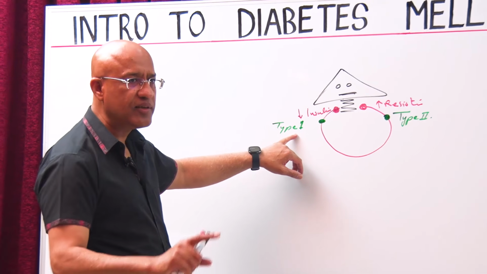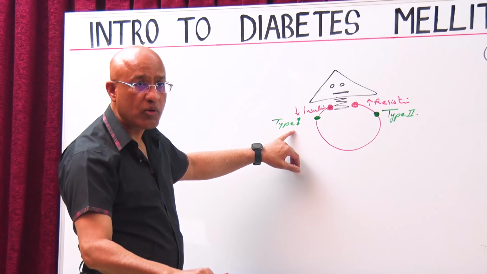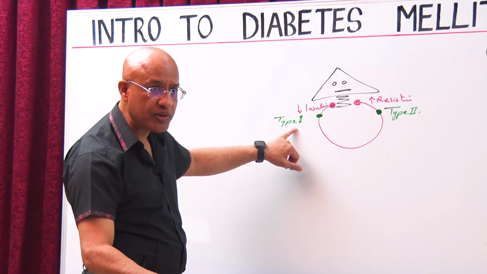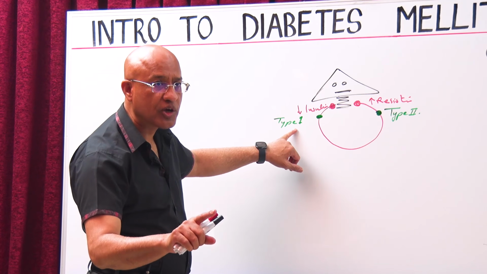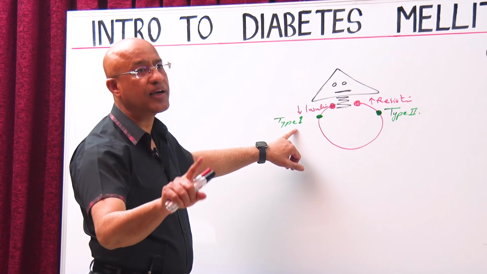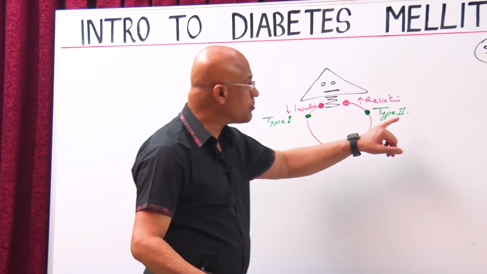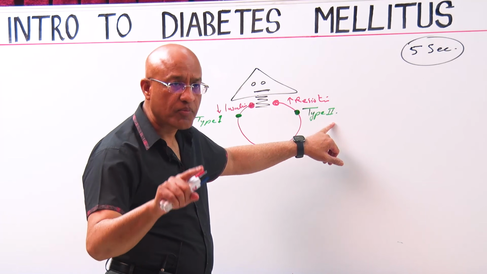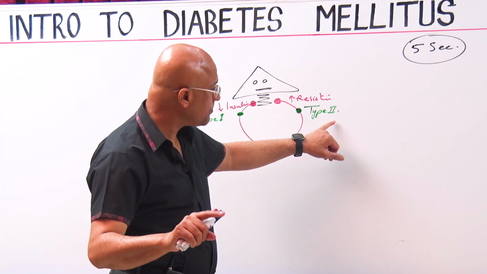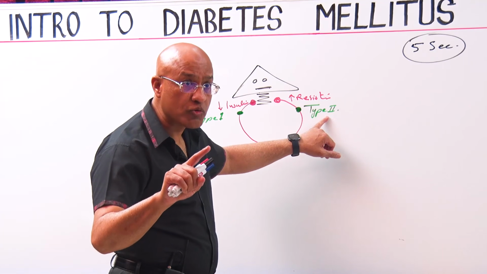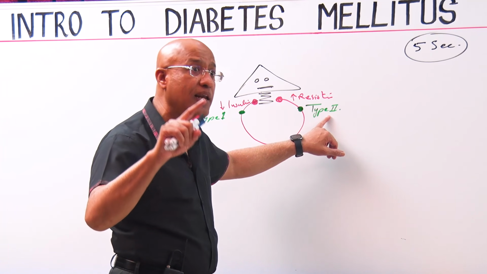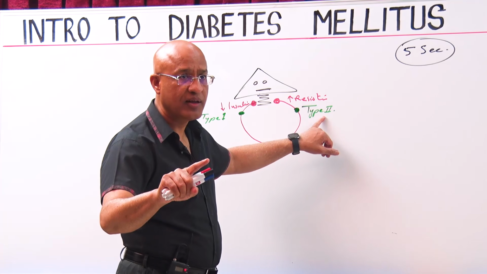Classical thing in type 1 is there is absolute or very, very dangerous reduction in production of insulin due to autoimmune destruction of beta cells of the pancreas, right? In type 2 diabetes, classically, insulin is being produced at least in the early phase of disease, right?